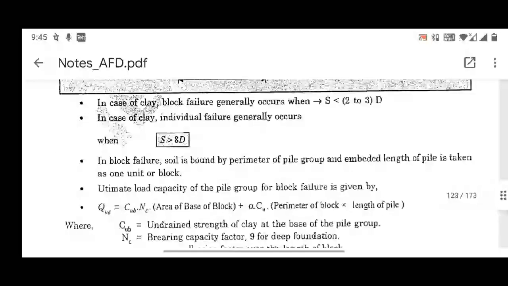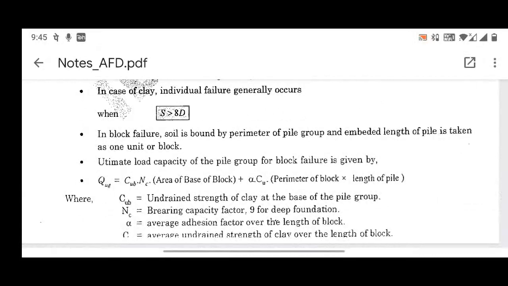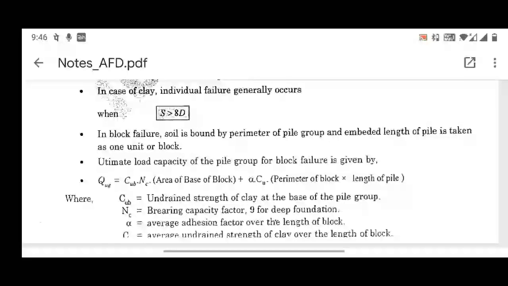Now the ultimate load capacity of pile group for the block failure is given by Qu = Cub Nc + alpha Cu. That is what we have seen in individual pile while computing the ultimate load capacity. Now in case of block failure, we are treating the entire block as a single unit. So Cub stands for undrained cohesion at the base of the pile group.